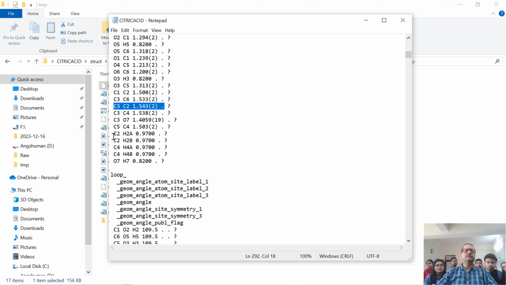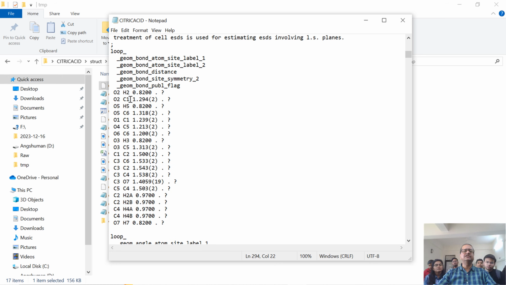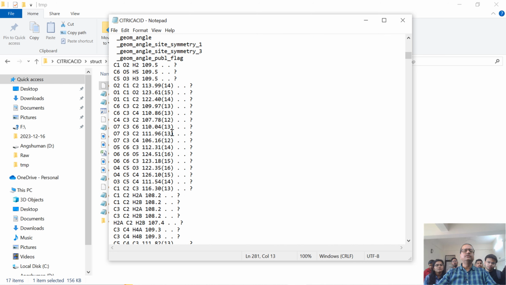But when it talks about a CH bond length, it does not have a standard deviation because it is calculated. The bond is made by a calculation, so the bond length is a fixed number, and hence there is no standard deviation associated with any such bond length. If you look at the corresponding bond angles which contain a hydrogen, you see the bond angles are also fixed at 109.5 degrees.